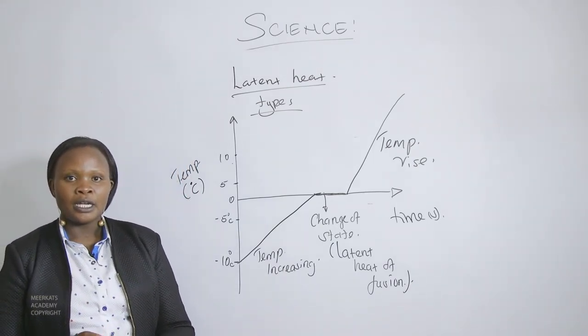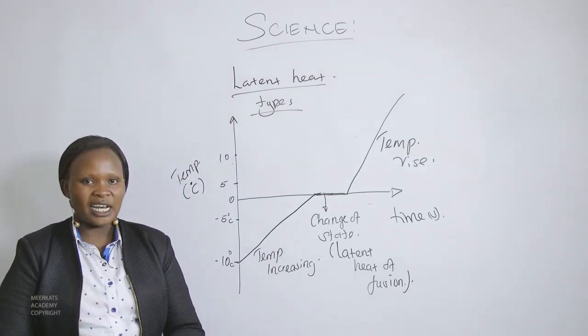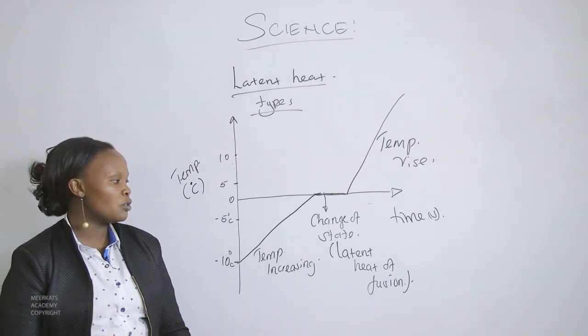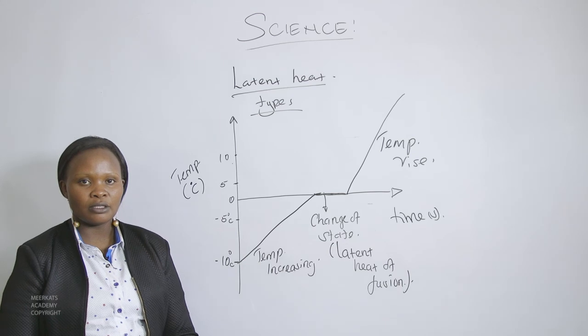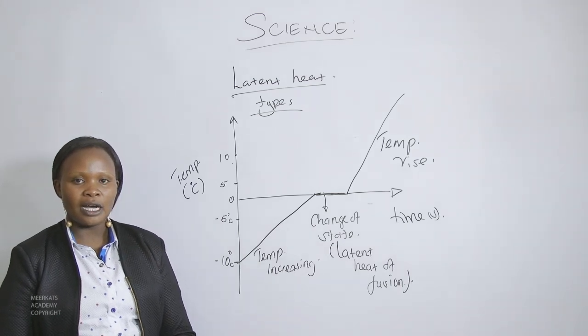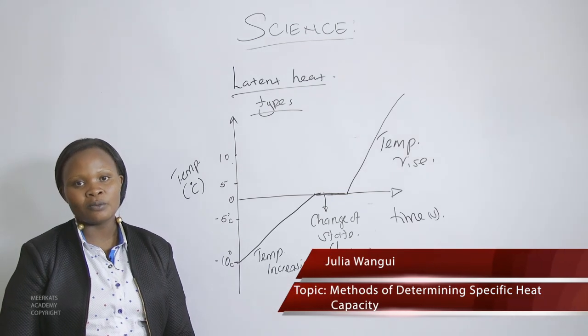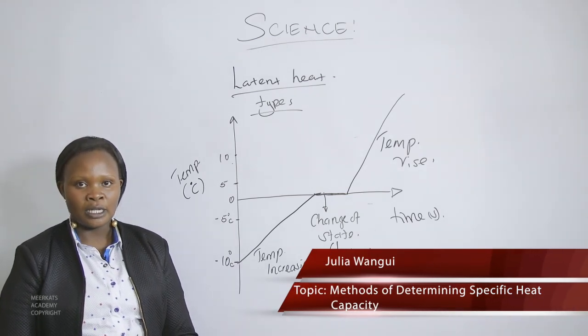Now, next time we meet, we are going to discuss how we can incorporate this concept of latent heat of fusion in our calculations and find out how it affects heat as a form of energy. Thank you.